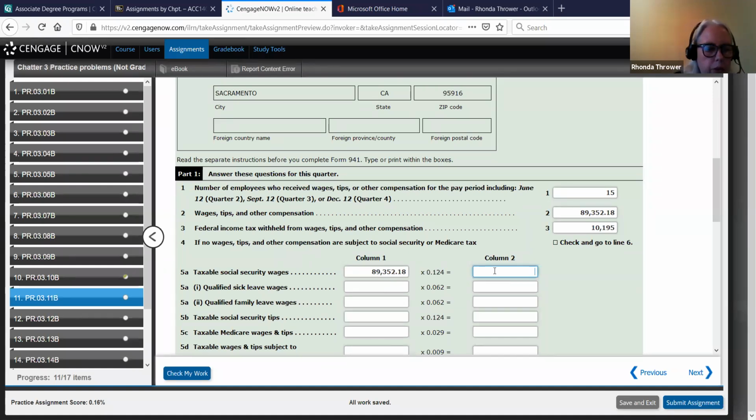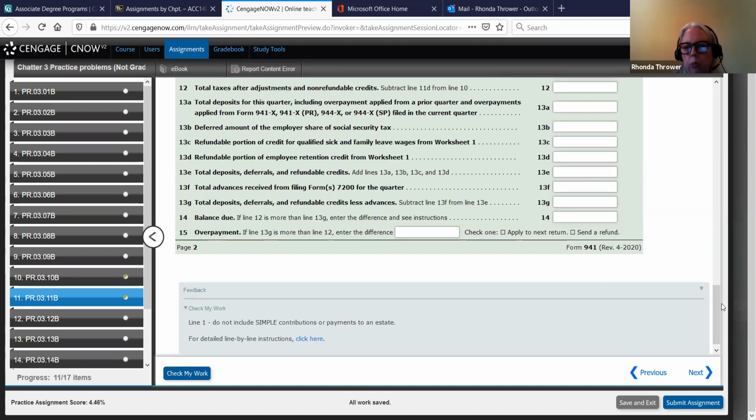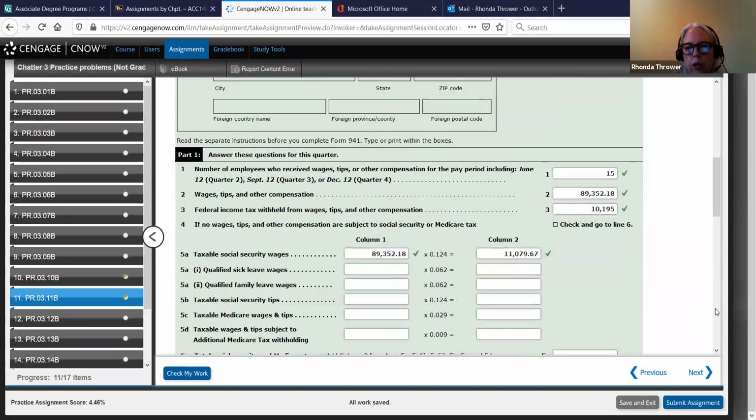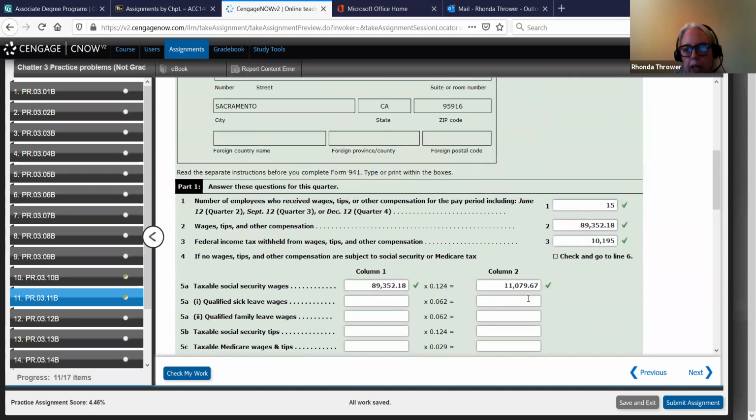And that's going to give you $11,079.67. And check your work to make sure that your math is correct there. So notice that when I put that in, this is the correct amount.